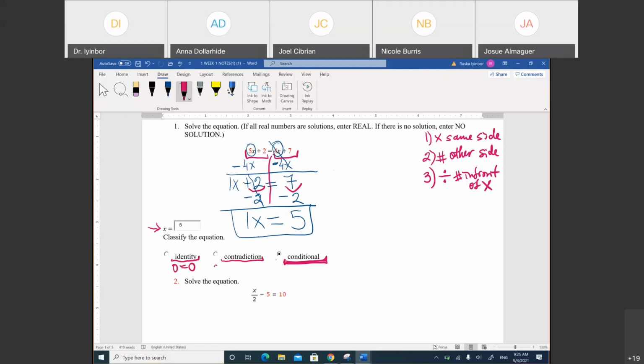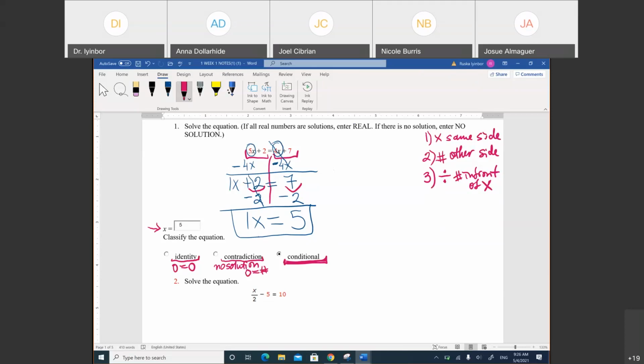So this is no solution, technically. And you get no solution when the x's also cancel out, and you get 0 equals something else, 0 equals a number. So if you get 0 equals a number, it's no solution, and the equation is a contradiction. Okay? And I'll give you an example of identity or contradiction. But this equation number 1 we solved, it's a conditional.